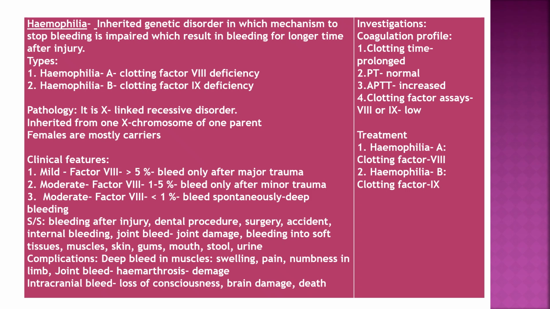So clinically, bleeding after injury, dental procedure, surgery, accident, then internal bleeding, joint damage, bleeding into soft tissue, muscle, skin, gums, mouth, stool, urine. So complications: deep bleed in muscles causes swelling, pain, numbness in limb. Joint bleed causes hemarthrosis. Then intracranial bleed causes loss of consciousness, brain damage, death.